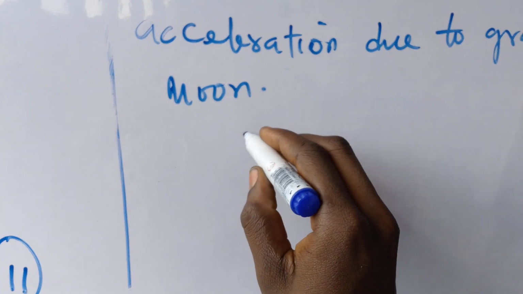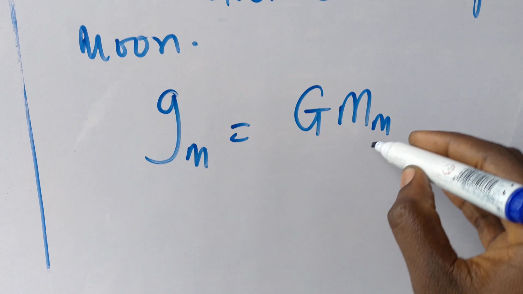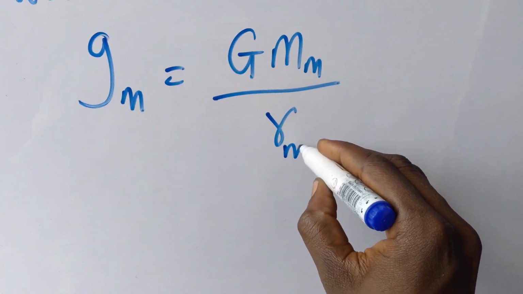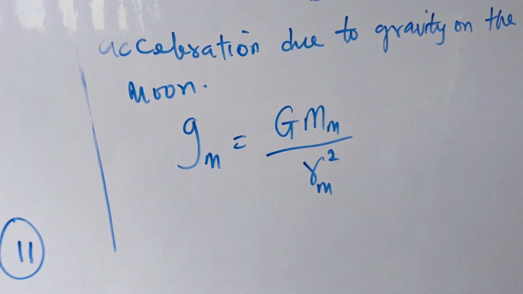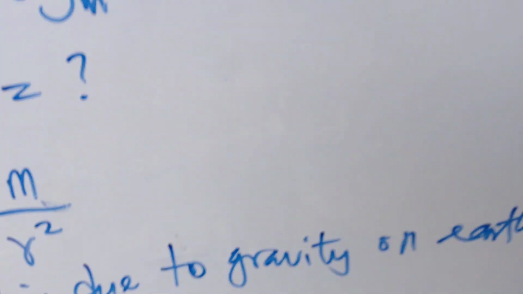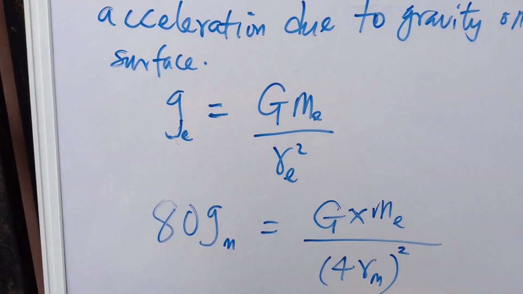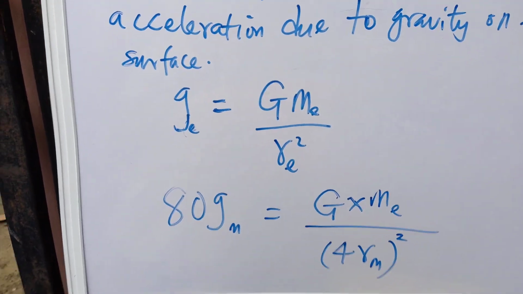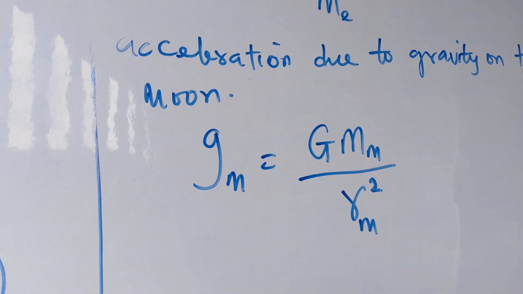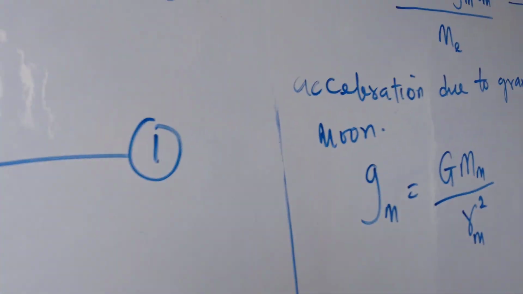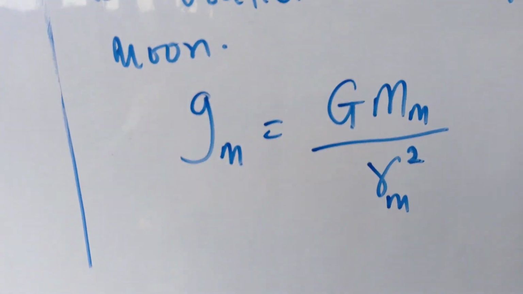This will give us GM equals capital G MM over RM square. So if the acceleration due to gravity on the Earth's surface is GE equals G ME over R square, then that on the Moon's surface will be GM equals G MM over RM square.